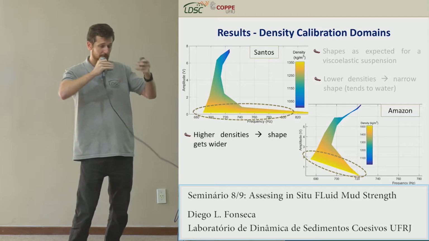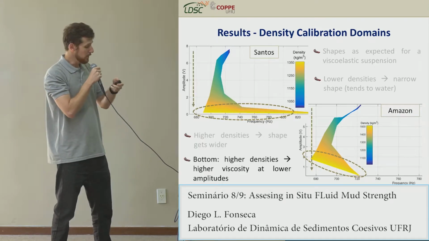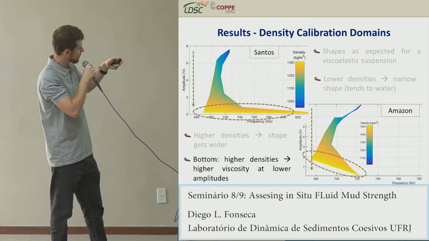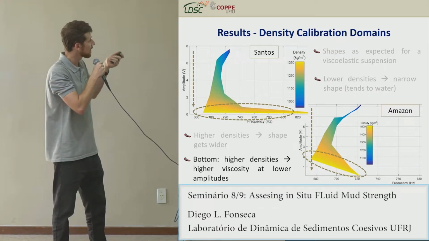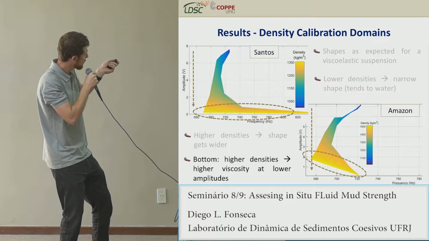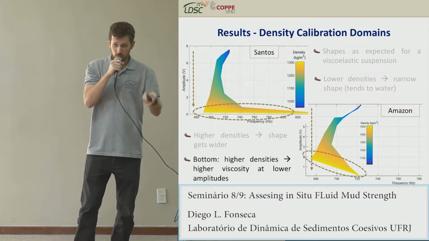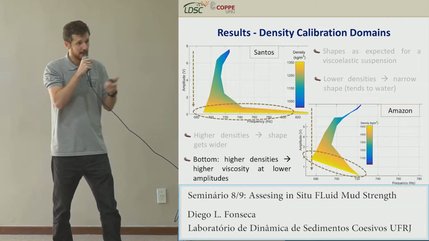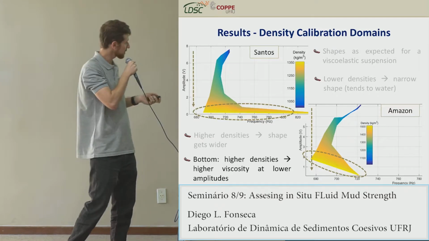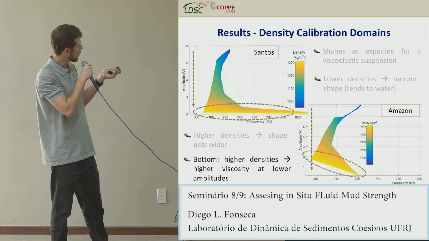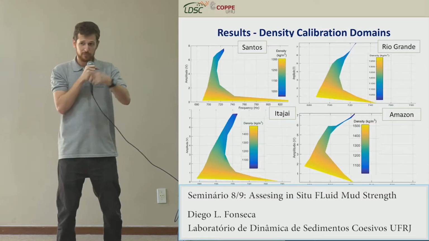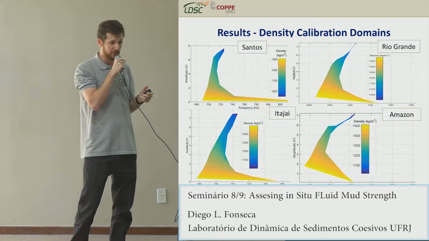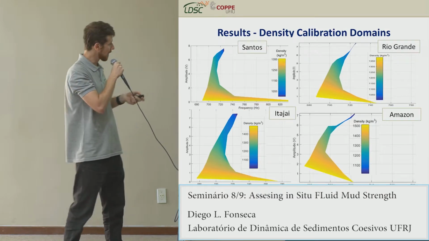And for higher densities, the shape gets wider because you have a more viscoelastic behavior, so the shape gets spread. And if the shape gets wider on the bottom for higher densities, it means that for lower amplitudes, you have higher viscosities, because the higher the density, the higher the viscosity. So considering this, lower amplitudes, higher viscosities, we have examples of many samples we tested with the density tune calibration.